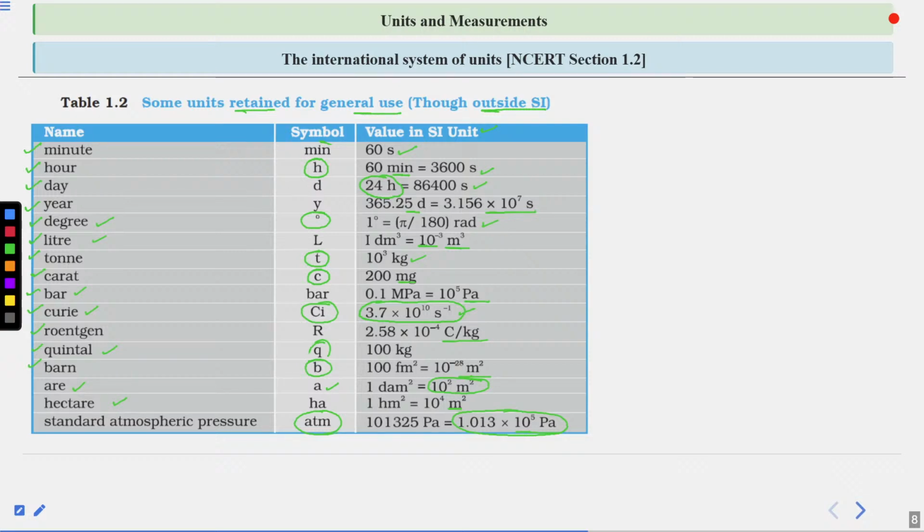Barn: 1 barn is equal to 100 Fermi meter square, which is equal to 10 raised to the power minus 28 meter square. Pascal is a unit of pressure. Now it is clear.